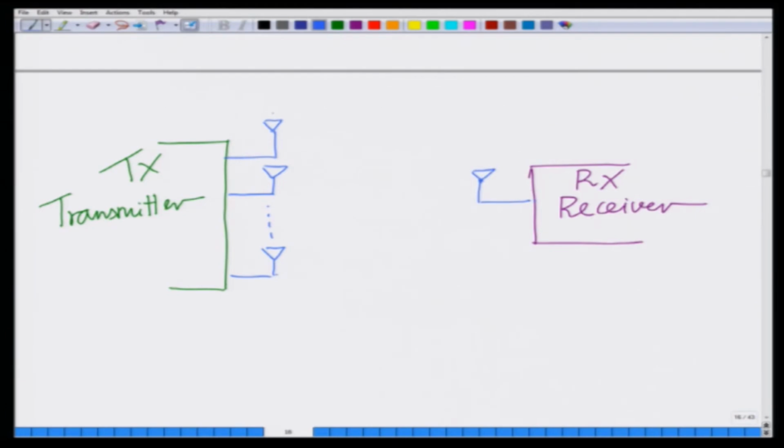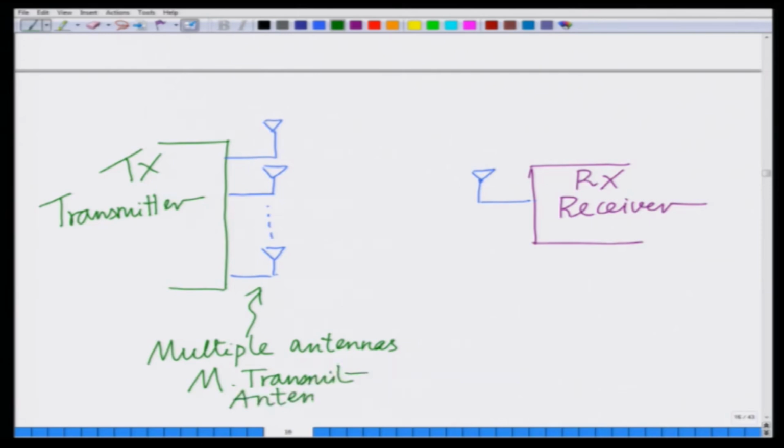Each of these triangles is basically an antenna. This is my transmitter and there are multiple antennas, let us say M transmit antennas, and there is a single receive antenna at the receiver.